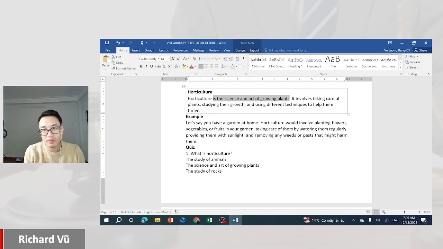Horticulture could involve planting flowers, vegetables, or fruit in your garden, taking care of them by watering them regularly, providing them with sunlight, and removing any weeds or pests that may harm them. So keep in mind, horticulture is the science and art of growing plants.